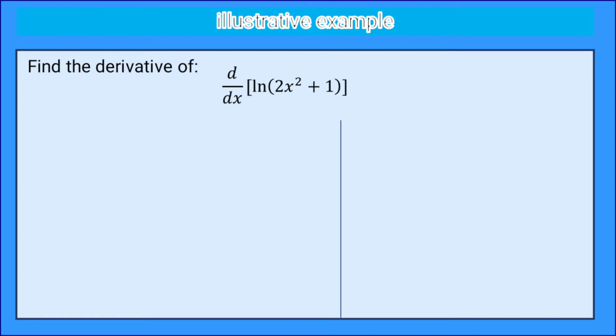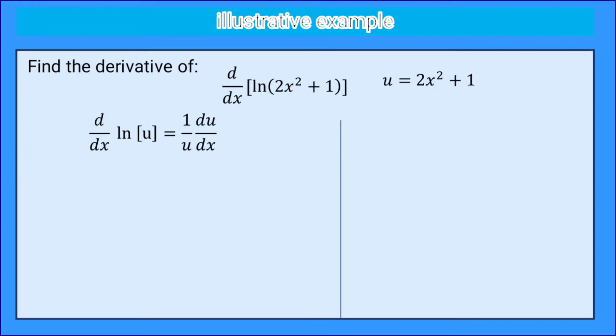Find the derivative of d over dx ln of 2x squared plus 1. So it may look complicated right now, but nothing to worry about. Just apply the theorem. Use the correct theorem. Since we have the natural logarithm here, our theorem will be d over dx ln of u is equal to 1 over u times du over dx.